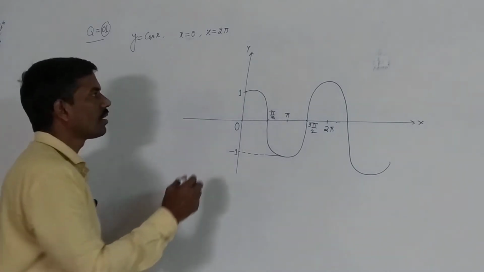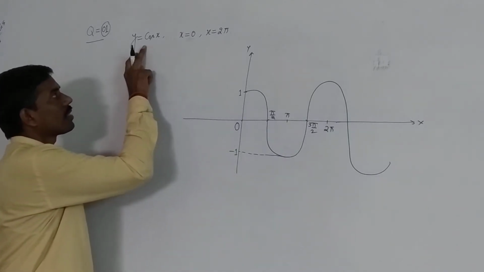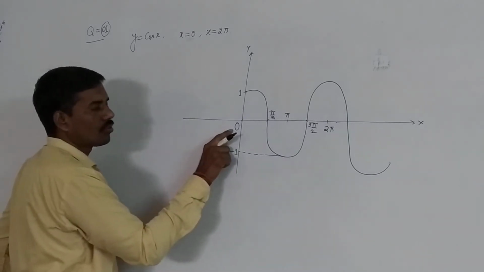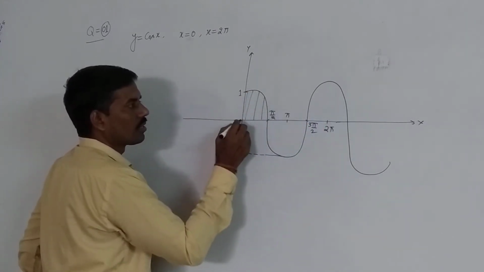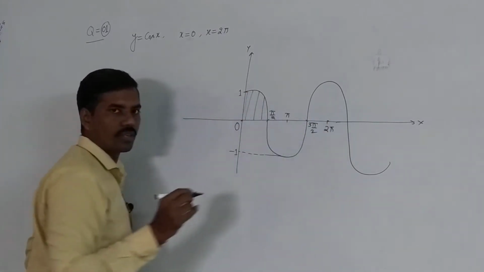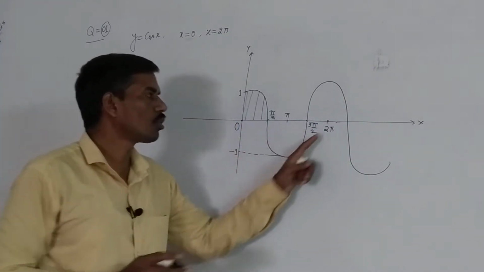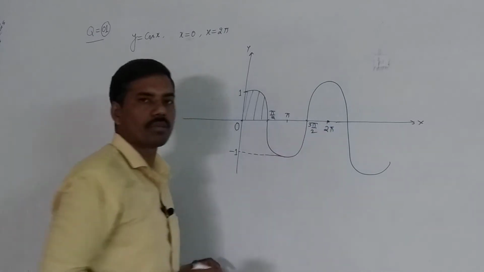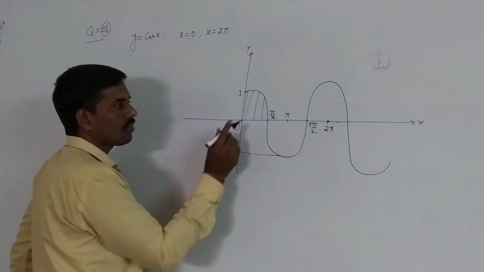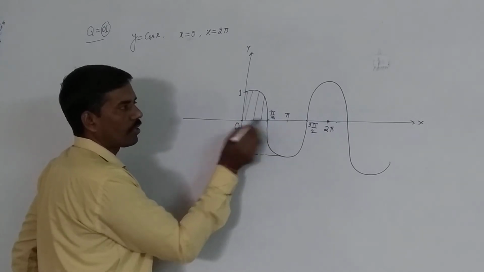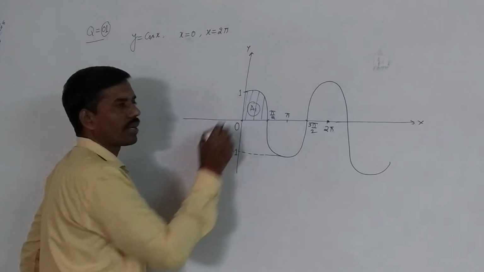We have to find the area made by the curve cos x from x equals 0 to 2 pi. That means we have to find the area from here to here, from x equals 0 to 2 pi, and there are three regions. The first is 0 to pi by 2, let this be area A1.